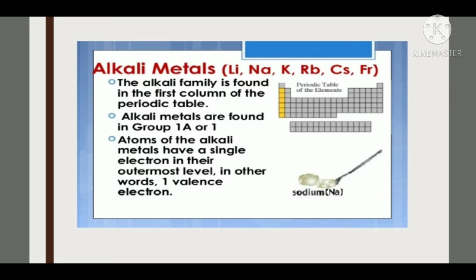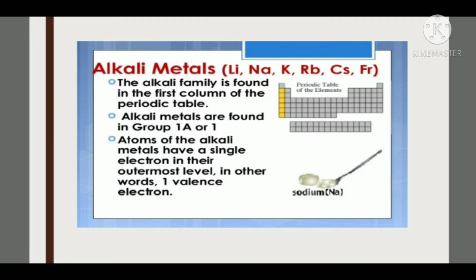First, from the main group, the alkali metals. Elements that belong here are lithium, sodium, potassium, rubidium, cesium, and francium. The alkali family is found in the first column of the periodic table, in group 1A or 1.